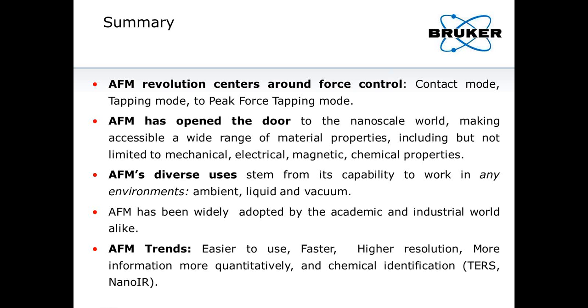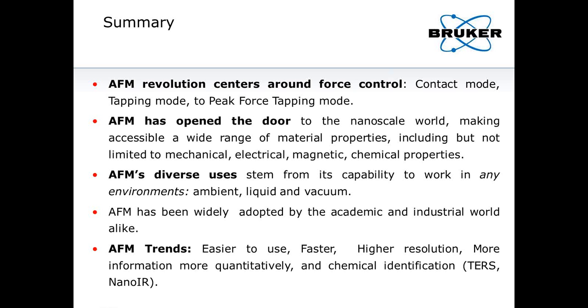For PeakForce tapping mode, if you want to control very small force, you can go with a tip with a very small spring constant, so you can achieve very light force or accurate force control. For example, you can use a spring constant down to 0.1 Newton per meter, versus for tapping mode, it's a few Newton per meter or tens of Newton per meter.